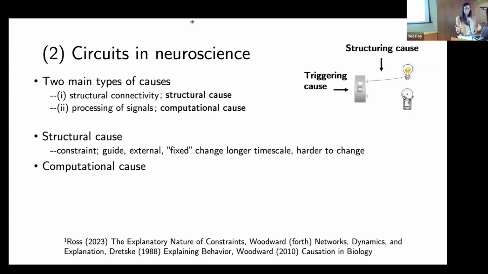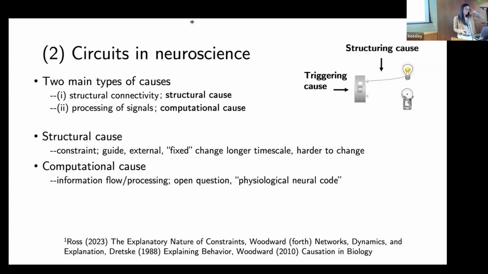It's viewed as much more fixed than our computational cause. We often think of the wiring diagrams as capturing a causal structure that is changing on a much longer time scale, and same with our neural circuits. The anatomical connectivity is something that we think of as relatively fixed in the sense that it's changing on longer time scales and often harder to change than the other type of cause, which in this case is well understood as a kind of computational cause, capturing information flow, processing through the system.